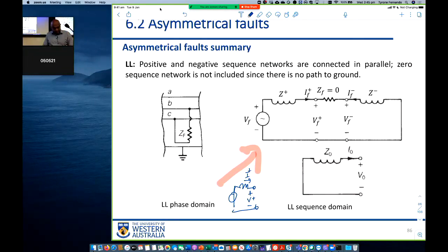You take that, this is the impedance connecting the two things, and then you connect the negative sequence circuit in parallel. So that is V minus, that is I minus flowing into the terminal, right? And the zero sequence circuit doesn't get connected, right?